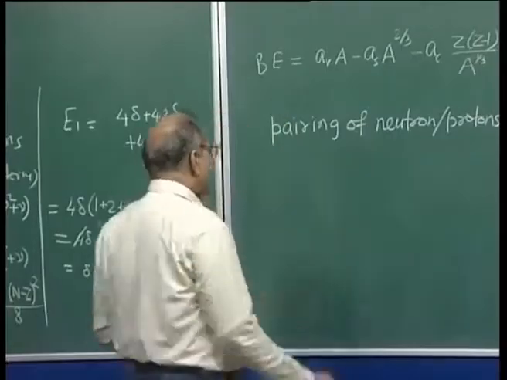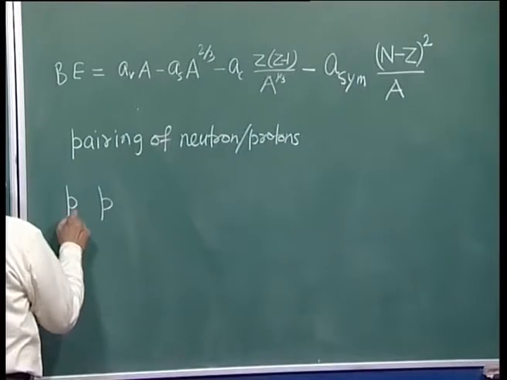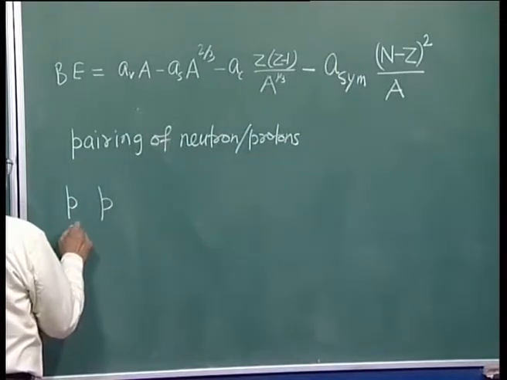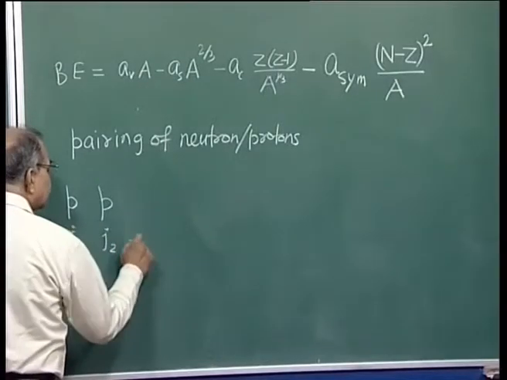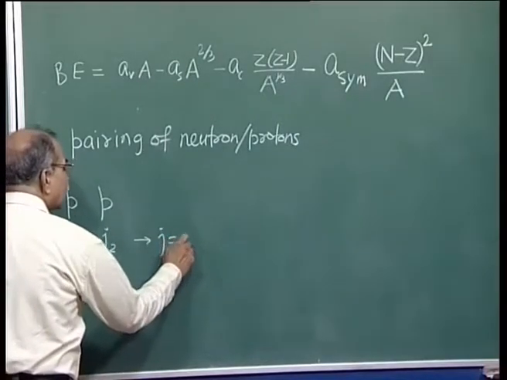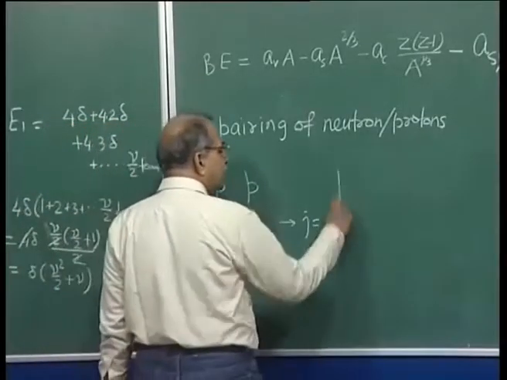So, if you have two protons, and this has some angular momentum and this has another angular momentum, and if these combine to give a total angular momentum of 0, then we say that they are paired.